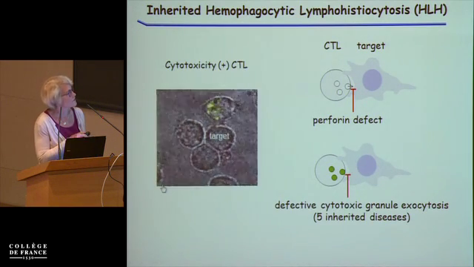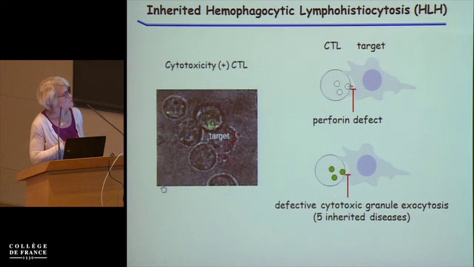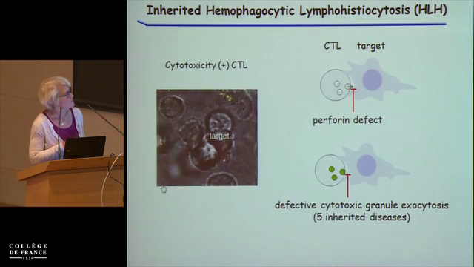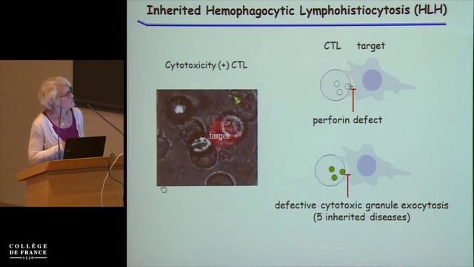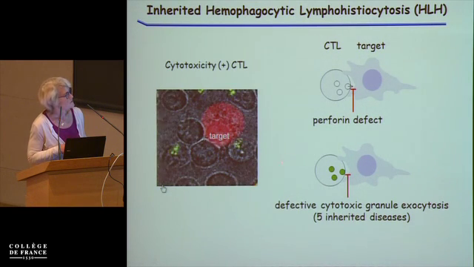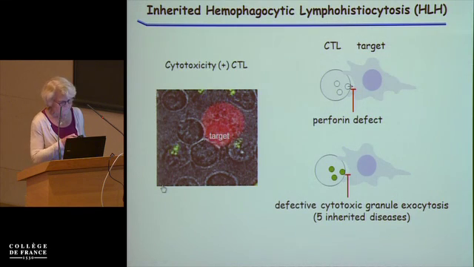And you can see that very rapidly these cytotoxic granules are polarized toward the target cells, which will become red when dying in this experiment, as you can see. And you will notice that after the killing process, there are still several granules which remain in the cytotoxic cells, these cells being able to repeatedly kill several target cells.